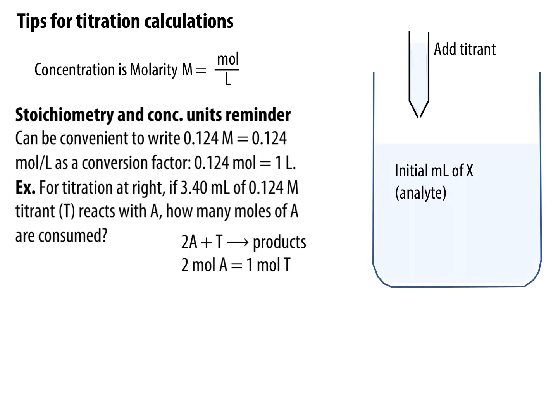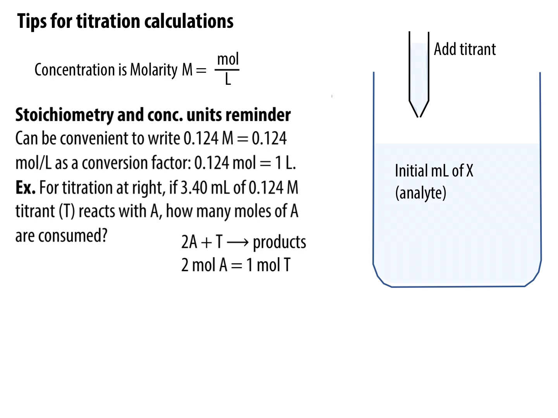So just as a prelude to doing that equivalence point calculation, remember, you're responsible at this point for knowing molarity, the definition. Capital M is moles of our substance divided by liters of solution. And remember that you can write a molarity like 0.124 molar. That is equal to 0.124 moles per liter.